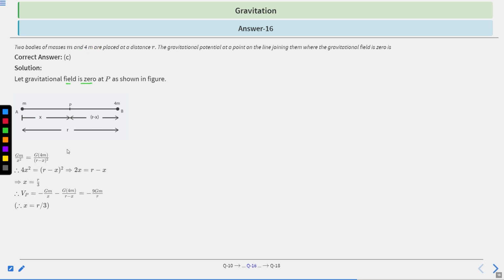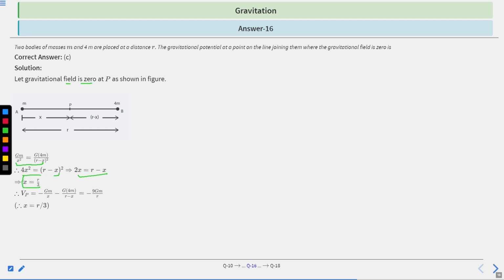Clear? Then solving these two terms, 4 Gm gets canceled out. Then the equation 4x square is equal to r minus x whole square. And after solving this, you will get 2x equal to r minus x. Clear? So x equal to r by 3.